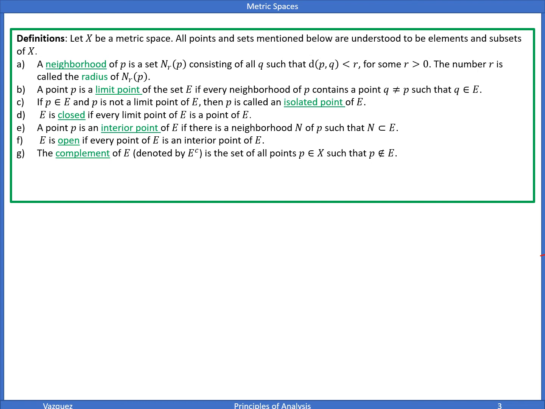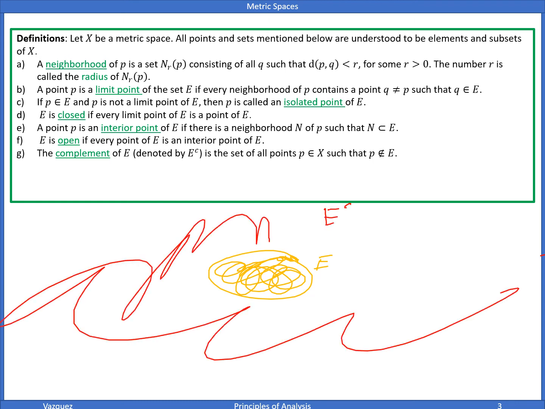For example, if we had the set E, there's a closed one. This is all E, pretend it's filled in. The complement would be what's in red. E^c would be everything else that's not E. That would be the complement.